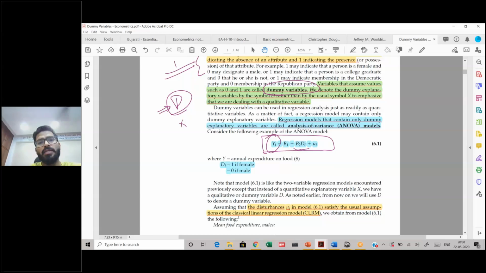Suppose this is an example where you want to know the annual expenditure on food, and does the annual expenditure on food differ for males and for females? So we want to do that analysis. Remember, in this example there is no X variable. We have only a dichotomous or dummy variable.